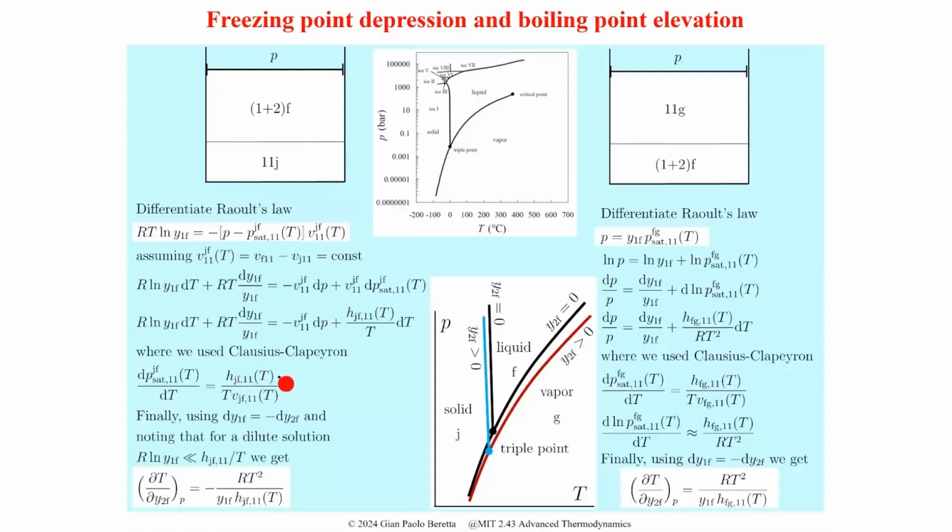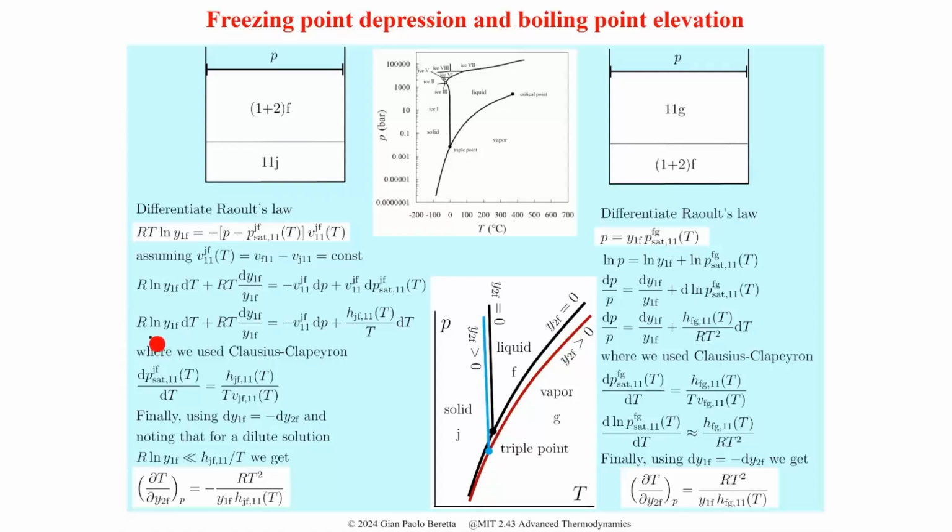It is related to the enthalpy of change of phase divided by the volume of the change of phase. It should actually be the entropy of the change of phase divided by the volume, but the entropy of the change of phase is equal to the enthalpy over the temperature of the change of phase. So you use this in this relation.